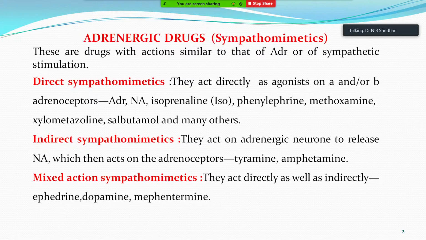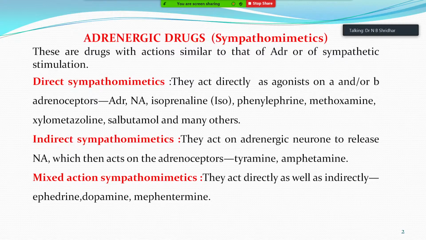The indirect sympathomimetics act on the adrenergic neuron to release norepinephrine, which then acts on the adrenergic receptor. So they release or deplete the adrenergic neurons, and the norepinephrine is released indirectly by tyramine and amphetamine.